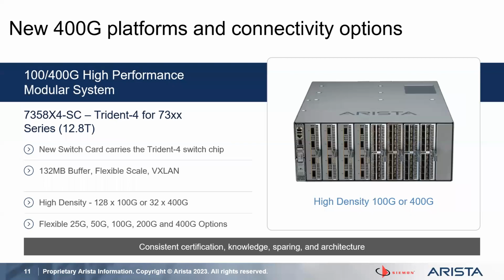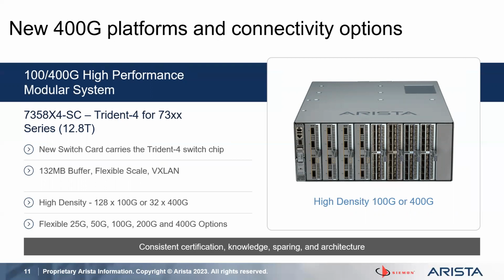Next slide. Now, in many cases, customers don't like the breakout pieces. Of course, if you look at the 1RU 400 gig switch, the way you can get 400 gig, 100 gig, or 25 gig capability is through breakouts. But some customers want native ports.